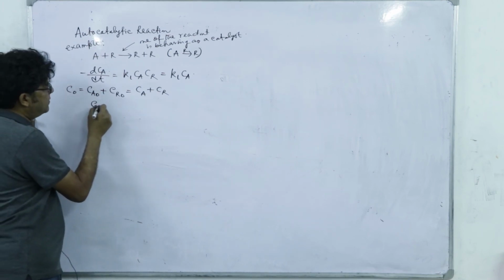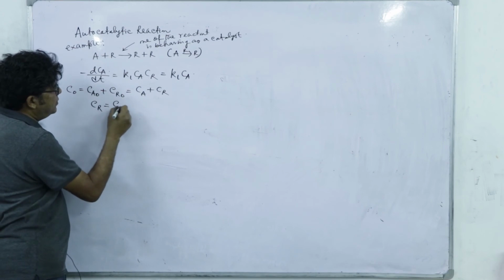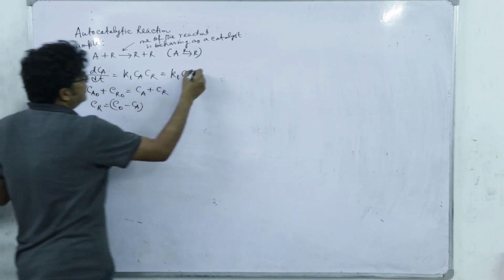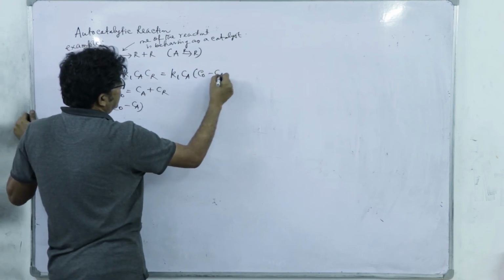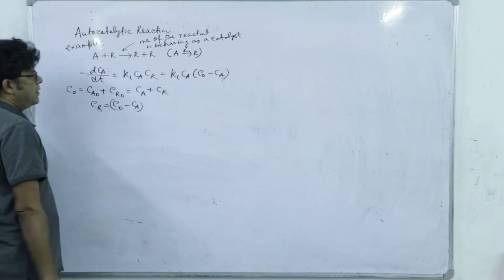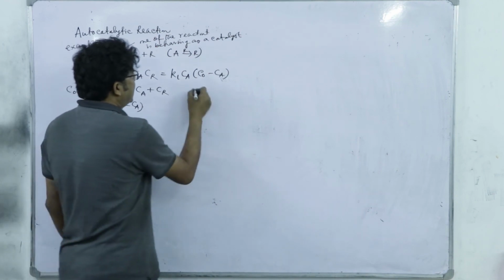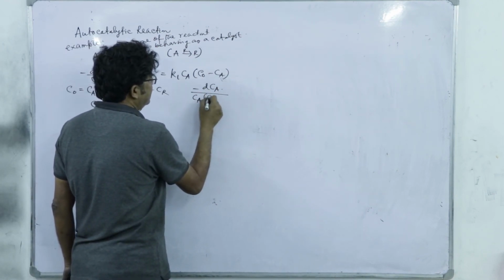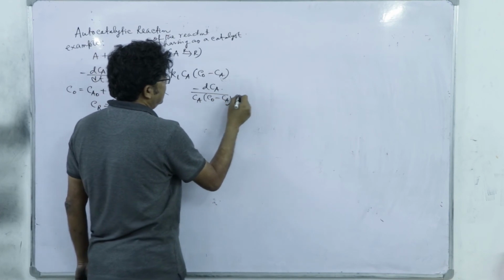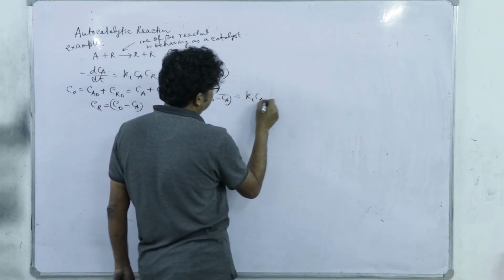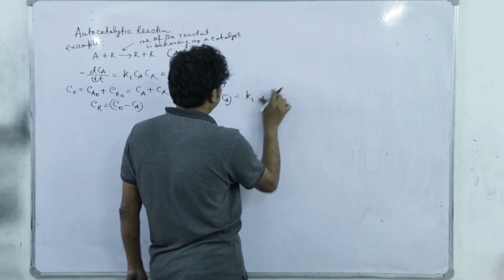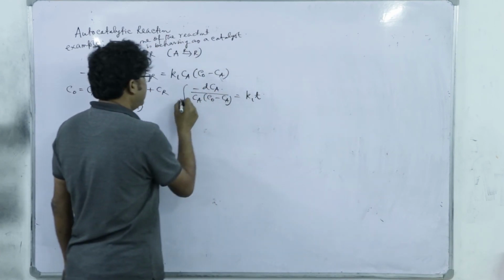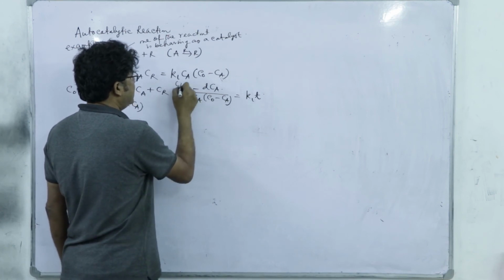So CR is equal to C0 minus CA. So that's a technique. So you can write it as C0 minus CA. Right. So minus dCA divided by CA into (C0 minus CA) equal to K1 simply dt, right? And here it is to be integrated from CA0 to CA.